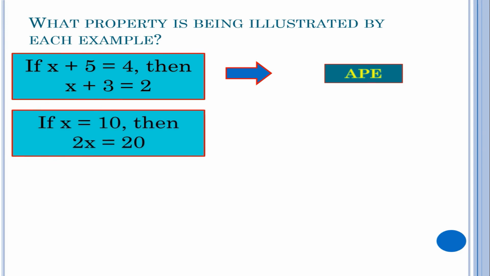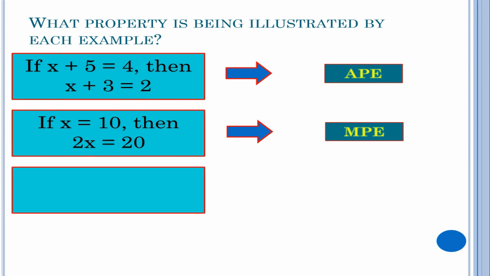Next, we have the second example. If x is equal to 10, then 2x is equal to 20. What do you think is the property being applied here? Yes, so the answer is the multiplication property of equality. So we multiplied 2 to both sides of the equation to have 2x equals 20.